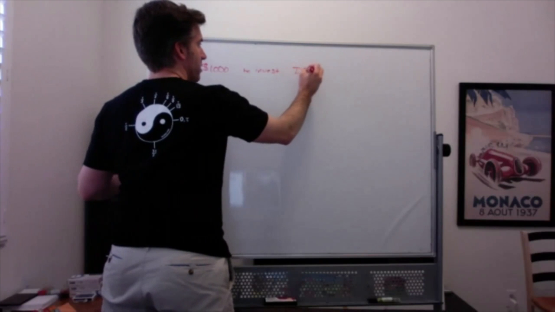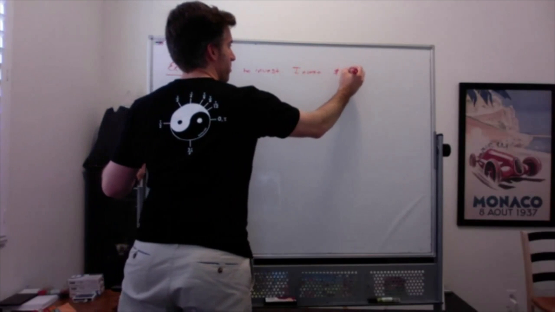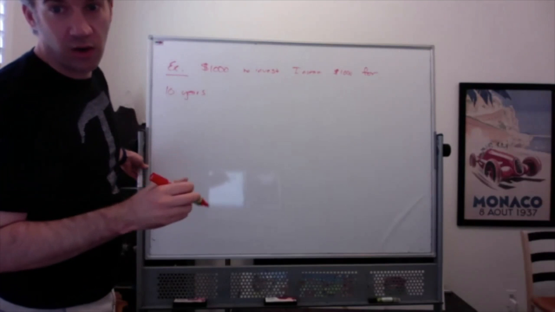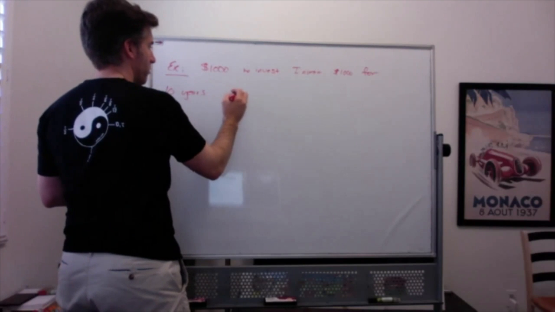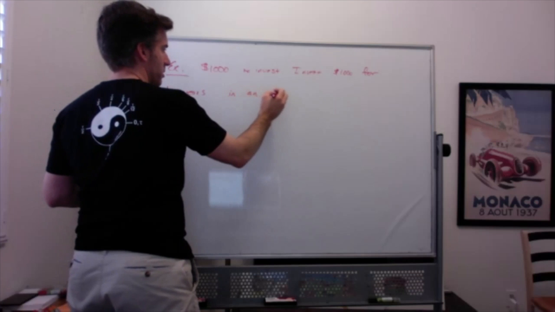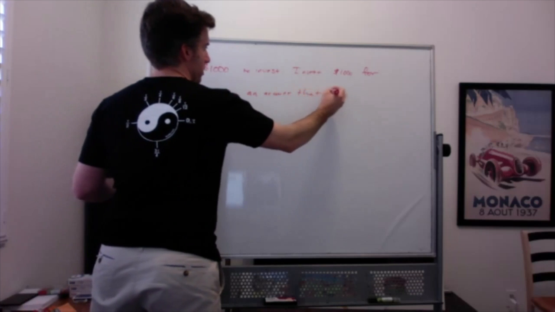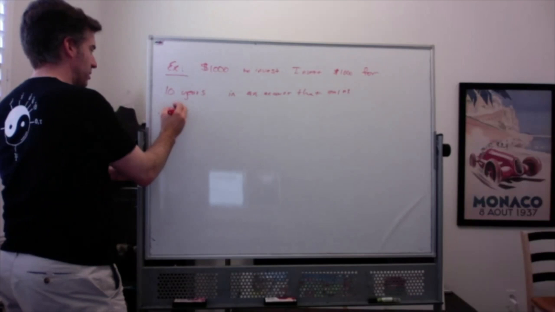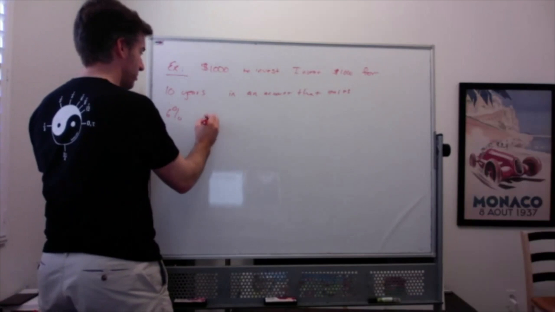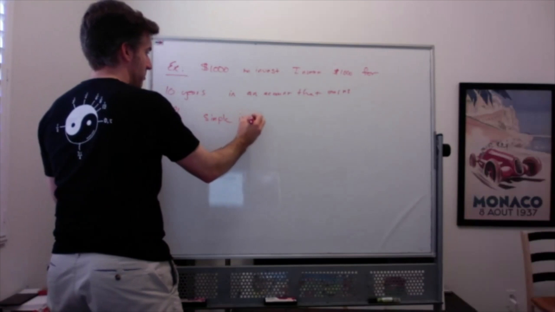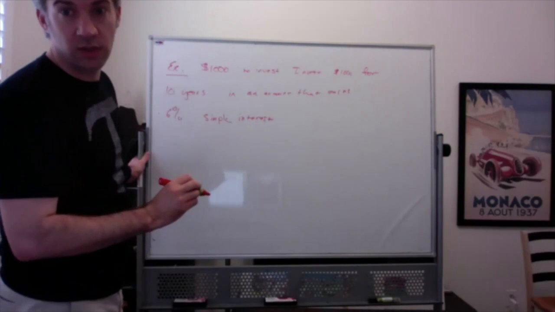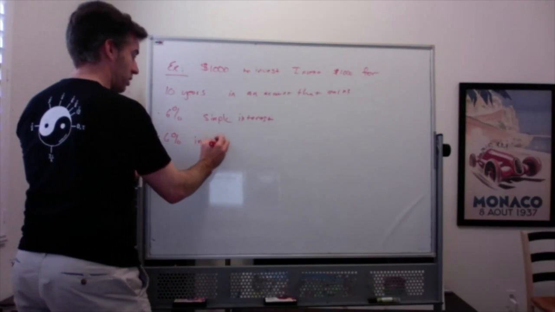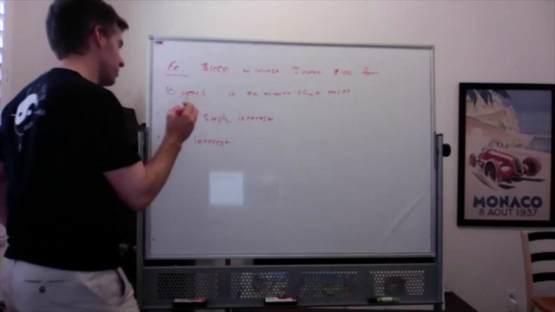So we're going to invest this money for 10 years, and our choices are, in an account that earns either choice 1, 6% simple interest, or choice 2, 6% interest compounded monthly.